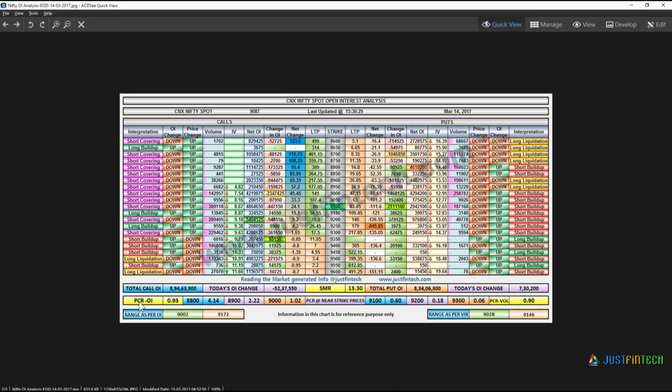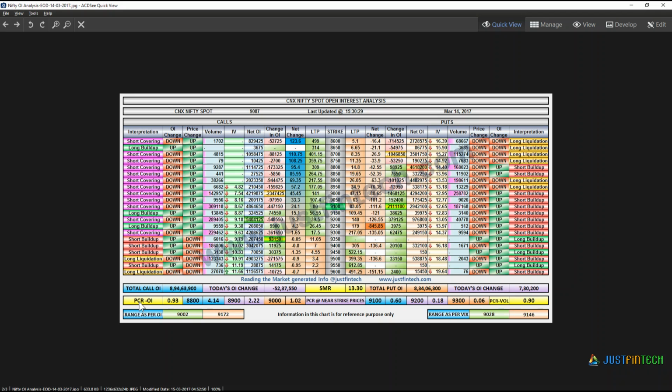So 9000 is where the give and take might happen, because 9100 is still below 1, but above 0.50. So 9000 and 9100 will decide where it wants to really go.